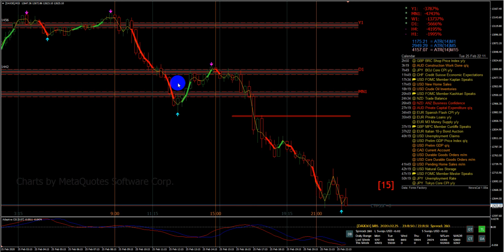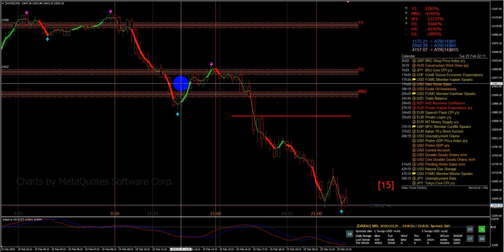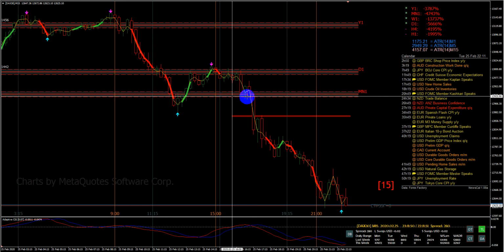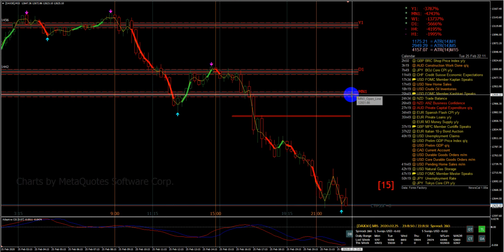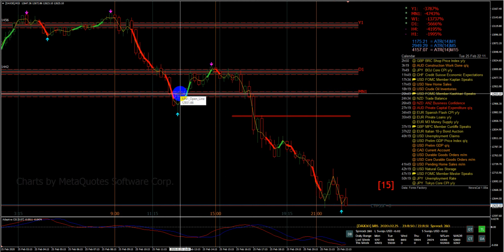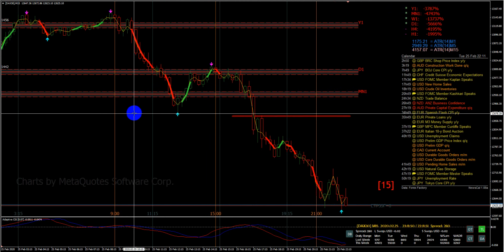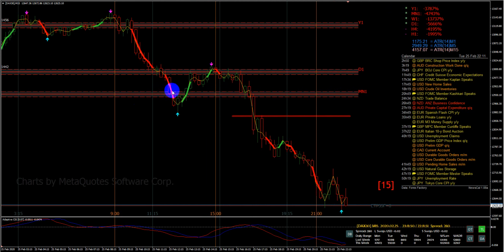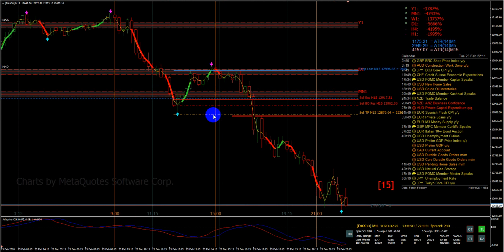And again, we know that we have another important Dada's pivot level here at the monthly one. And again, we don't know what's happening. The price isn't reacting exactly here. Now it's breaking down, right?